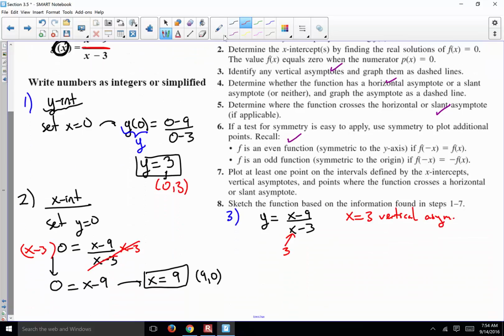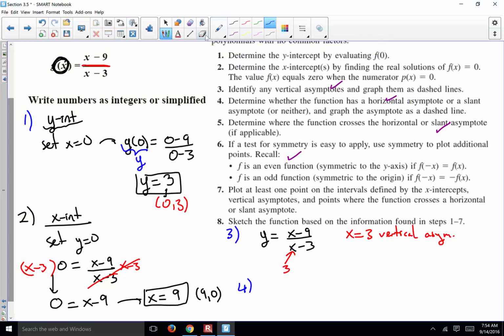Number 4. Do you have a horizontal asymptote here? What was the horizontal asymptote test? I think it involves determining m and n. Or we first do n, right? What is n here?